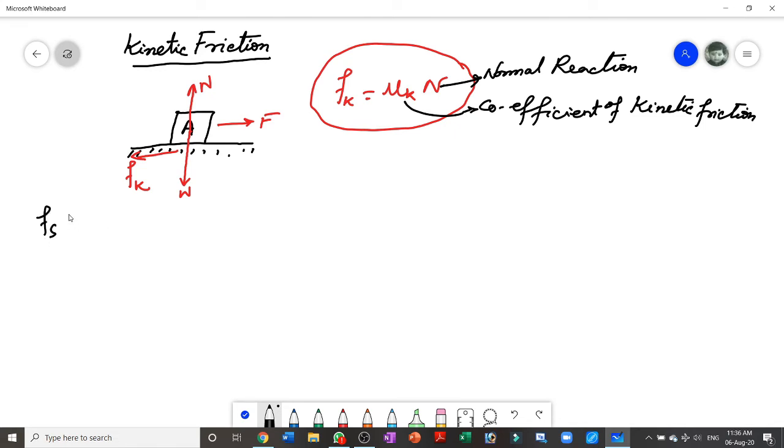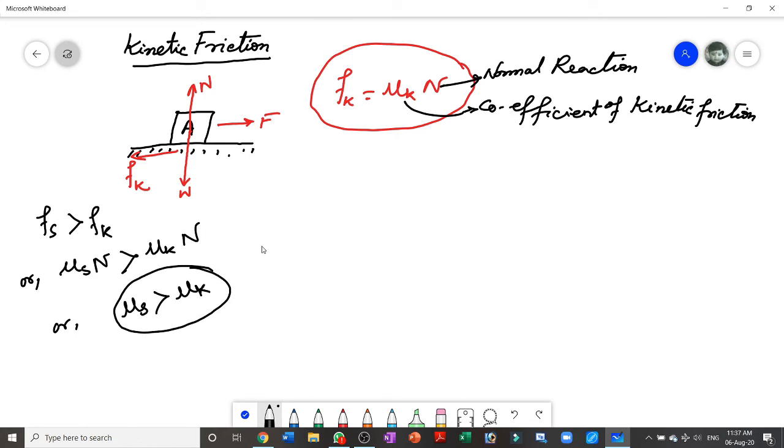Now we can see that f s is always greater than f k. That means we can write mu s N is greater than mu k N. So we can say that mu s is always greater than mu k.